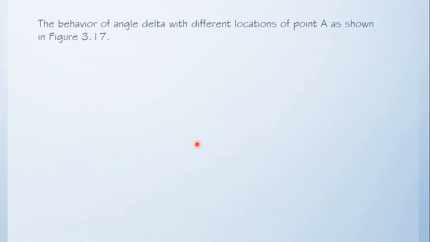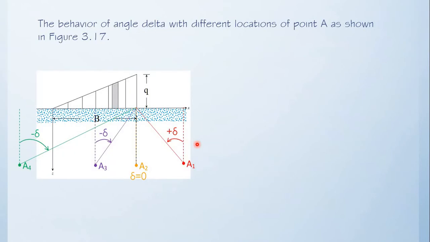Let us consider the different behavior of angle delta with the different locations of point A. First, we have here your linearly increasing vertical load. The angle delta is measured from the vertical axis up to the line connecting the point of consideration and the point of the maximum magnitude of the load.